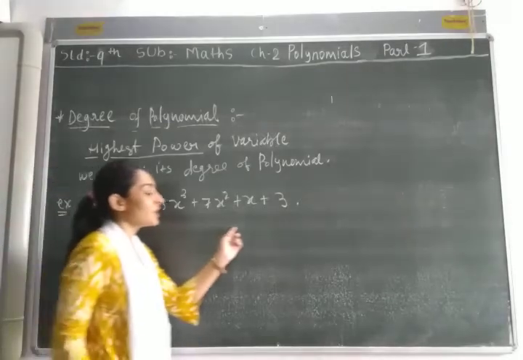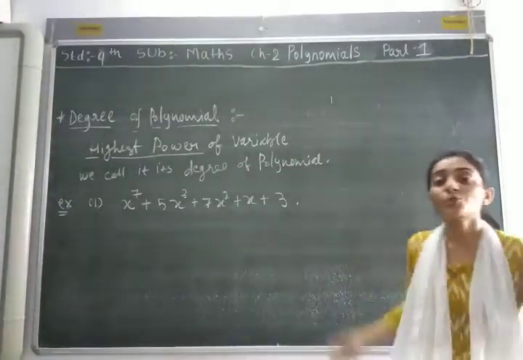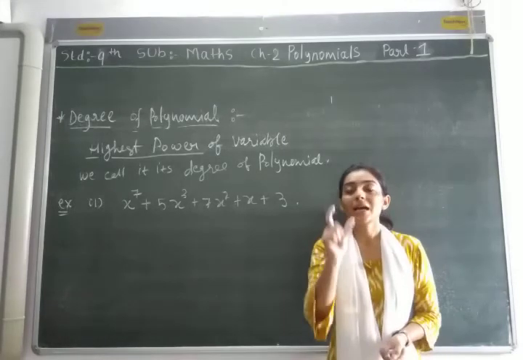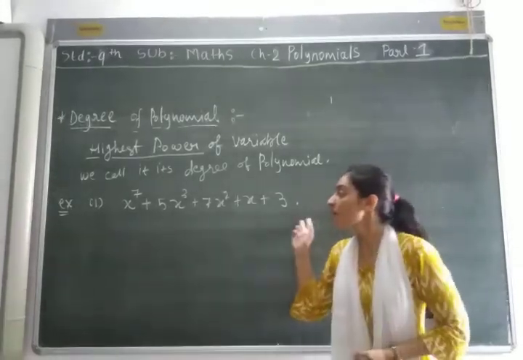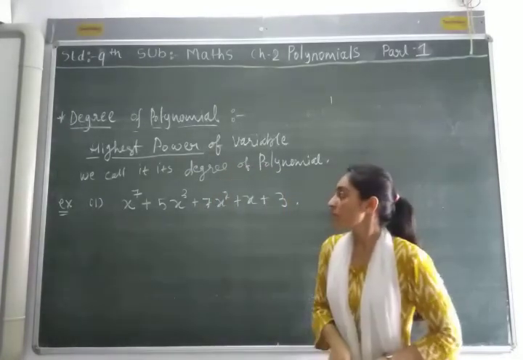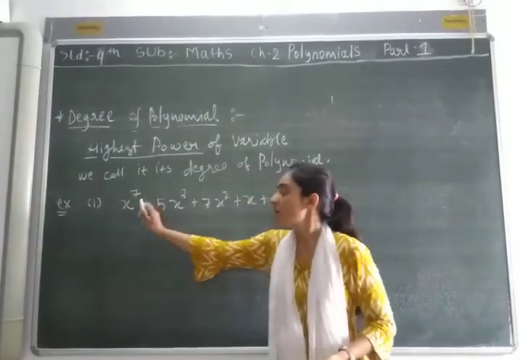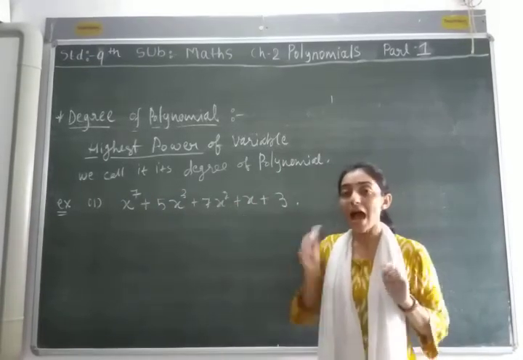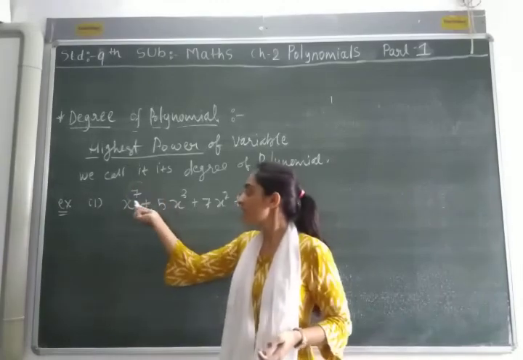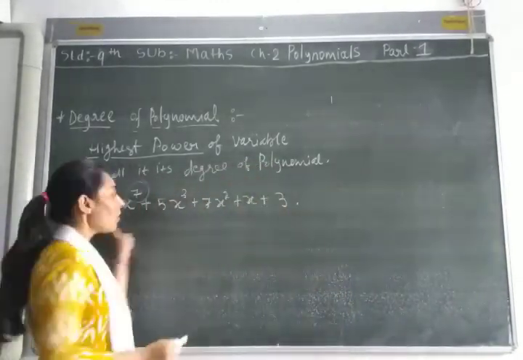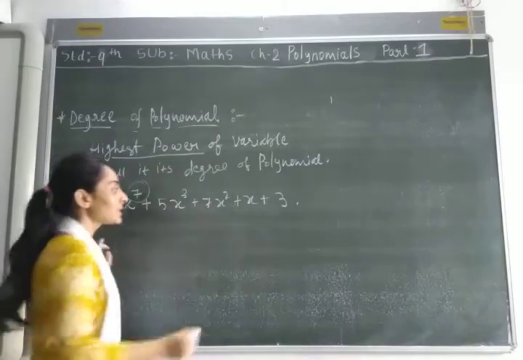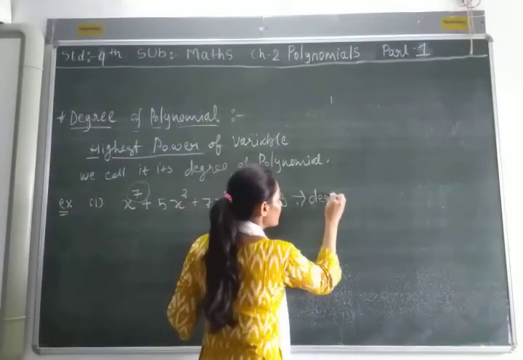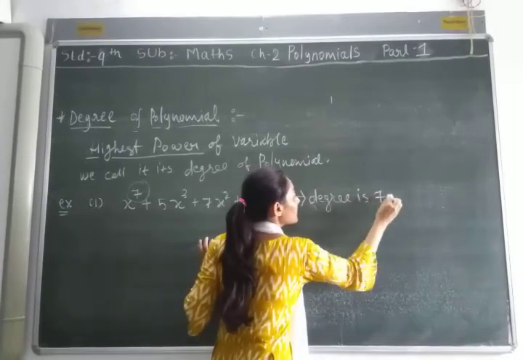In this expression we see which term contains the highest power. x to the power 7, x cube, x square, x to the power 1. So the highest power is 7. So the degree of this polynomial is 7.